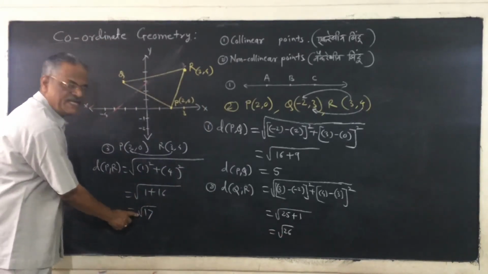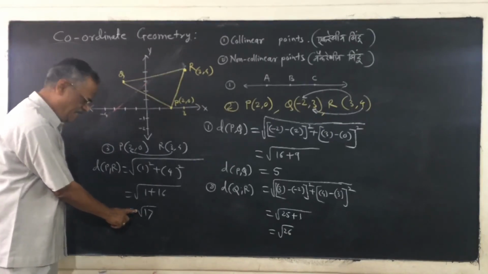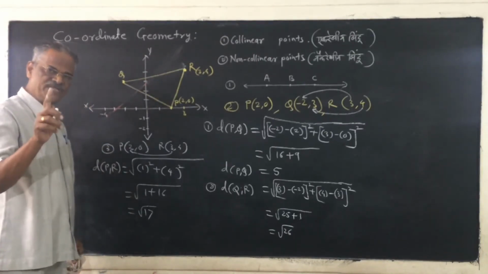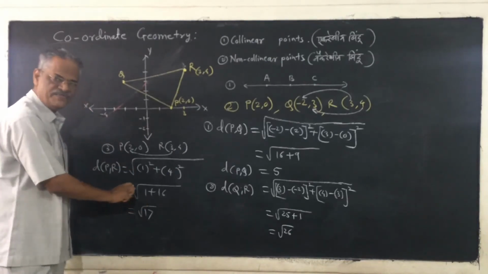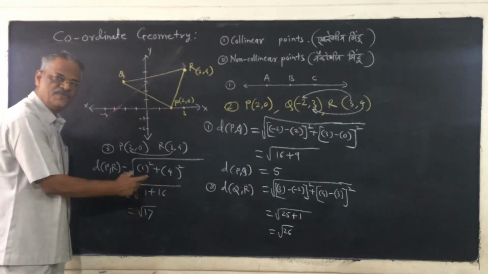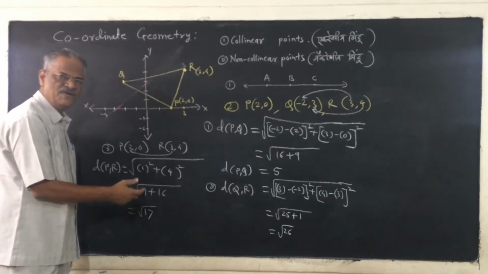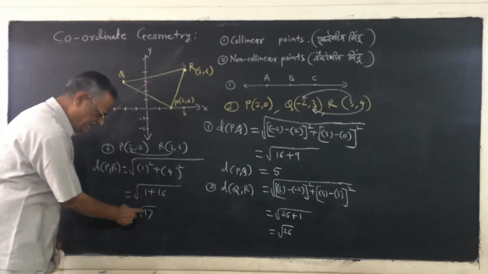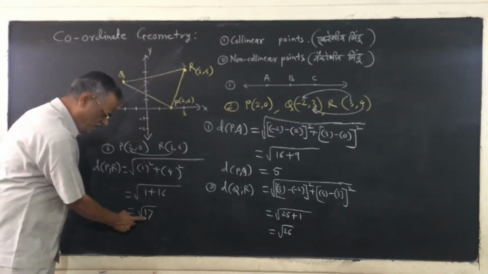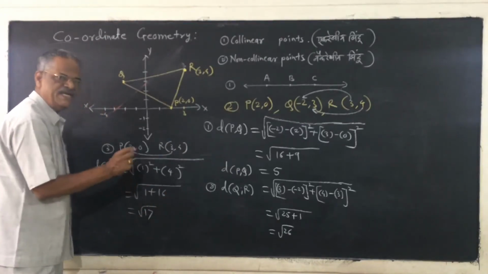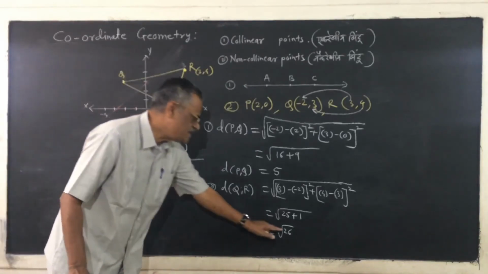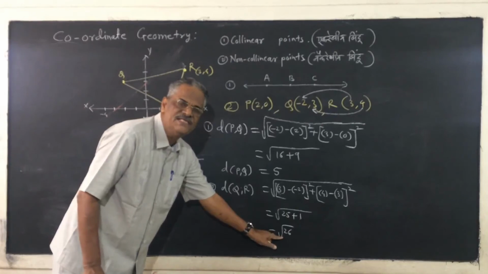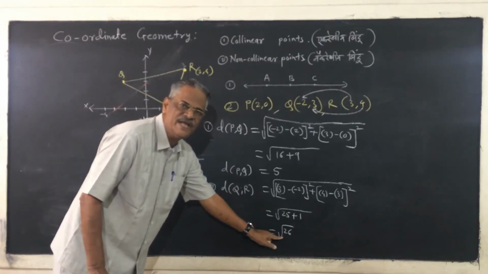Can you think about this number? Under root 17: we know the square of 4 is 16, so this number is just near to 4, more than 4. And under root 26: the square of 5 is 25, so this is approximately more than 5.